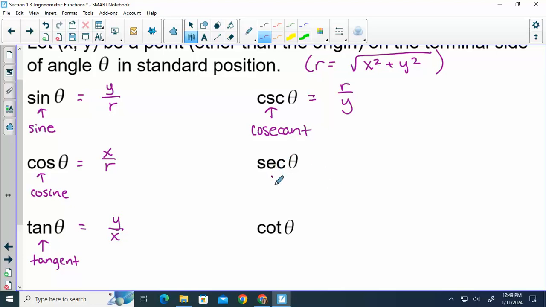Sec is secant, the reciprocal of cosine, so r divided by x. And this is cotangent, and that is x over y.